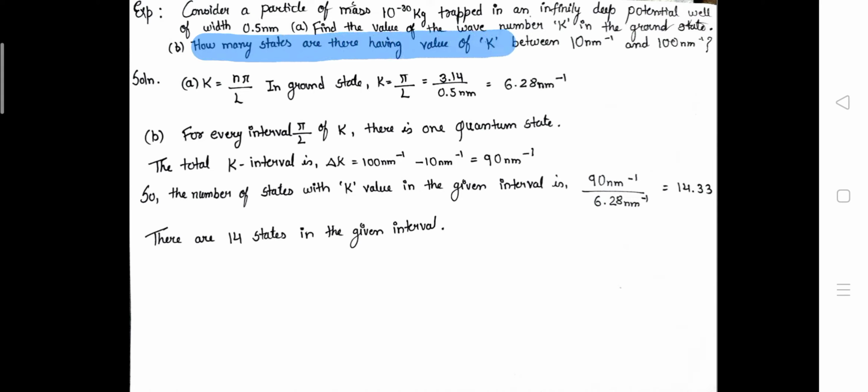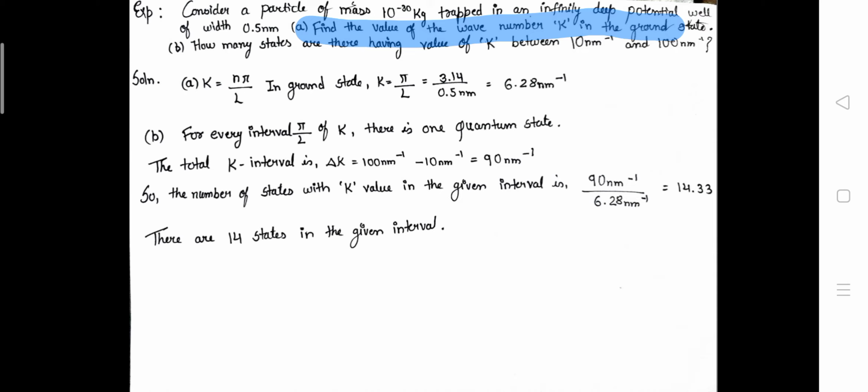Okay, so let's take the first question and try to solve this. As we know, k, the wave vector, is equal to n pi by L. So in the ground state we will have k equal to pi by L, because for the ground state n will be 1.